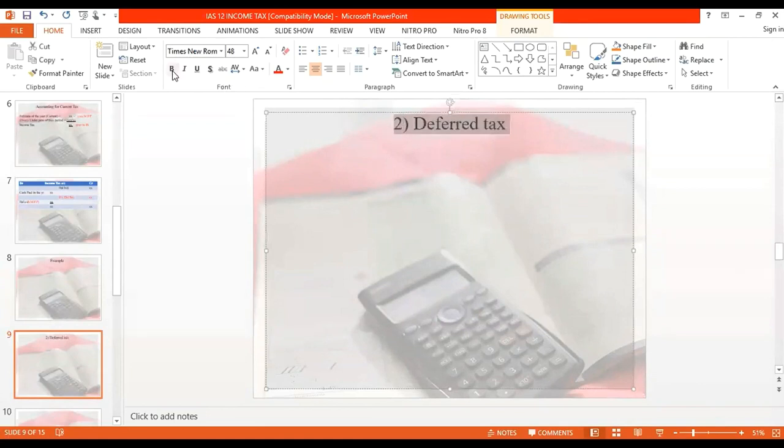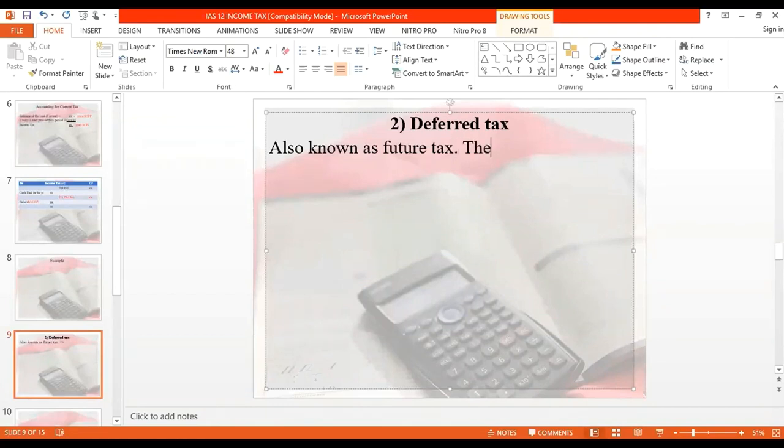Now here is where we always have a lot of questions. I expect questions even before we start. So deferred tax, as I start, is also known as future tax.